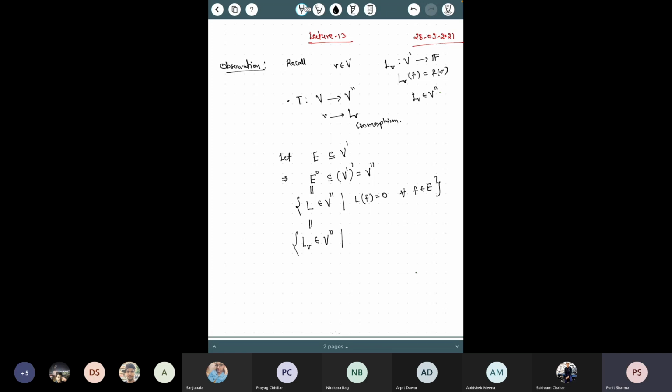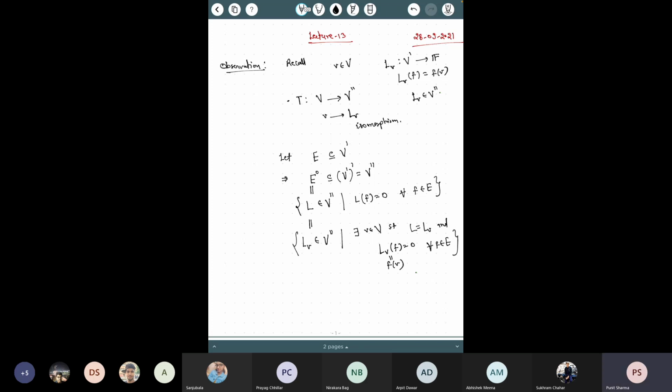If L is equal to L subscript v, then what would be L of f? It is L subscript v of f, equal to 0 for all f in E, right? And we know that L subscript v of f is just f of v.